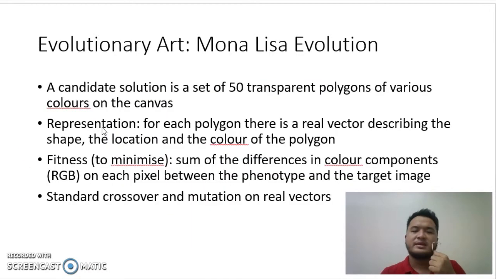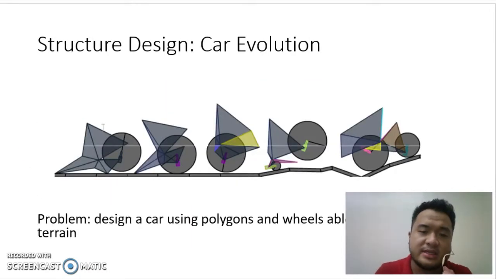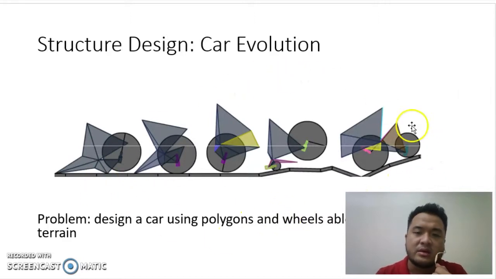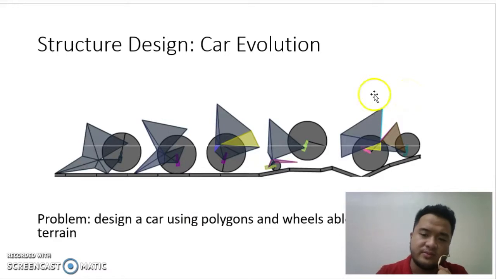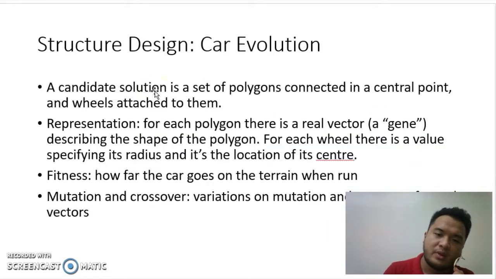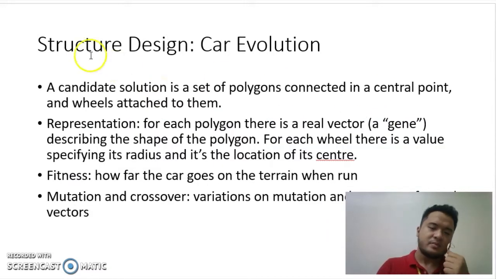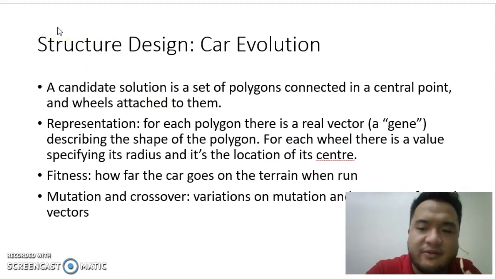Okay, next. This is a structure design example: car evolution. The problem is to design a car using polygons and wheels that is able to run on a terrain. This is the car evolution, which uses polygons and wheels to run. Next, the structure design of the car evolution.